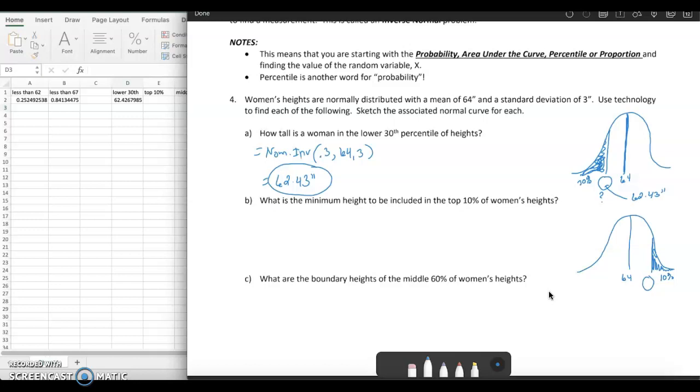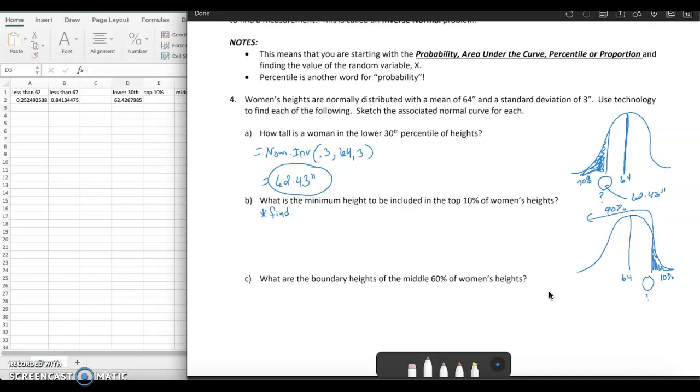Because Excel doesn't do greater than, it only does the cumulative in the less than direction, we're going to have to find the value where 90% of heights are below it.